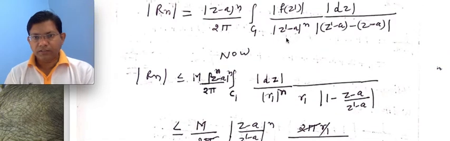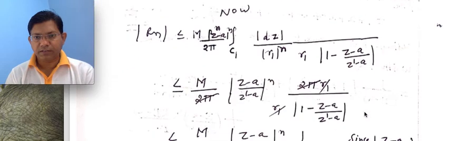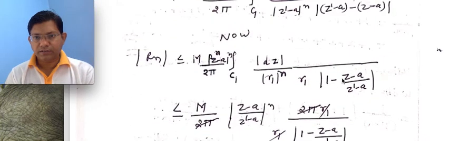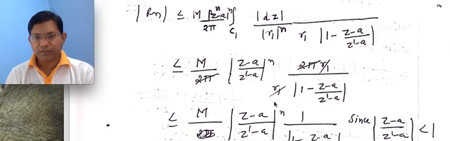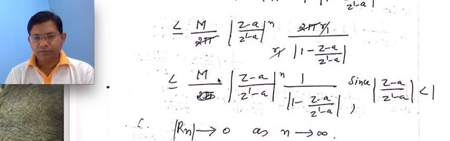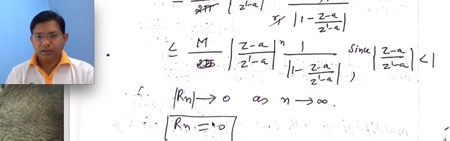Suppose this is a circle of radius r1, and we take this common, so this can be written like this. The length 2 pi r1 cancels with the 2 pi r1, and this will become M upon the modulus of z minus a upon z dash minus a raised to power n. As we know that modulus of z minus a upon z dash minus a is less than 1, if we take the limit n tends to infinity, then this modulus of Rn tends to 0, and Rn equals 0.